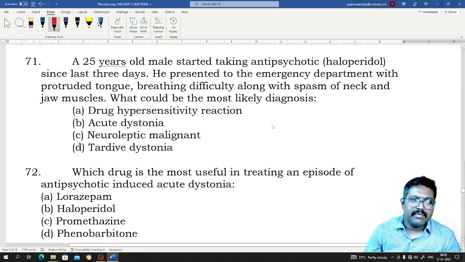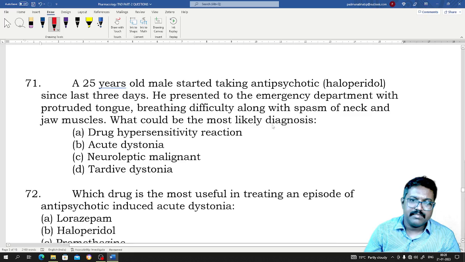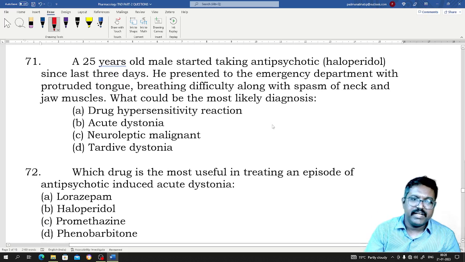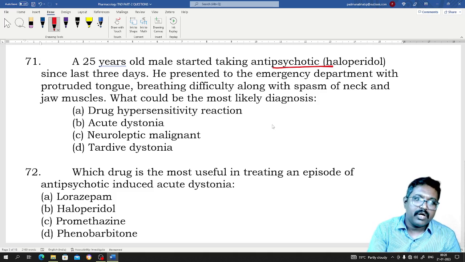Okay, next, coming to the 71st MCQ: a 25-year-old male started taking the antipsychotic haloperidol since the last 3 days. He presented to the emergency department with a protruded tongue, breathing difficulty, along with spasm of the neck and jaw muscles. What could be the most likely diagnosis? Again, it is a classical feature of acute dystonia.